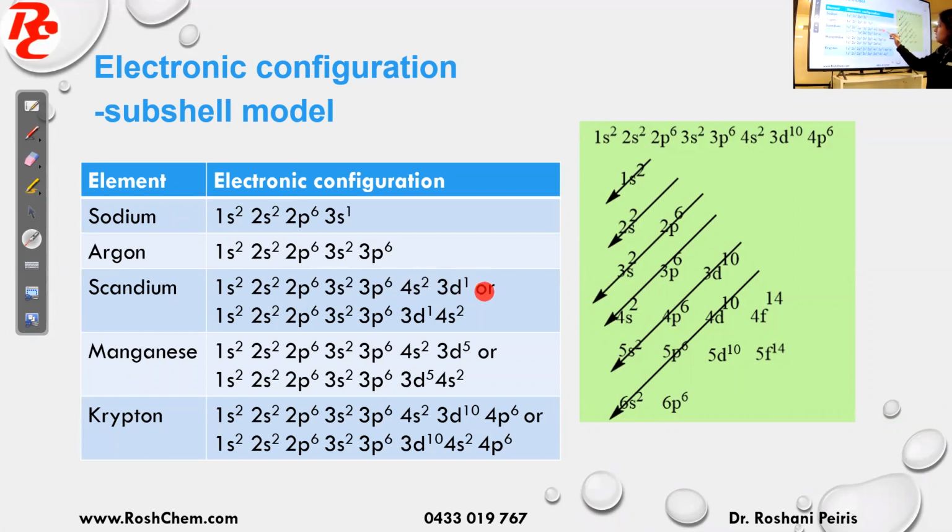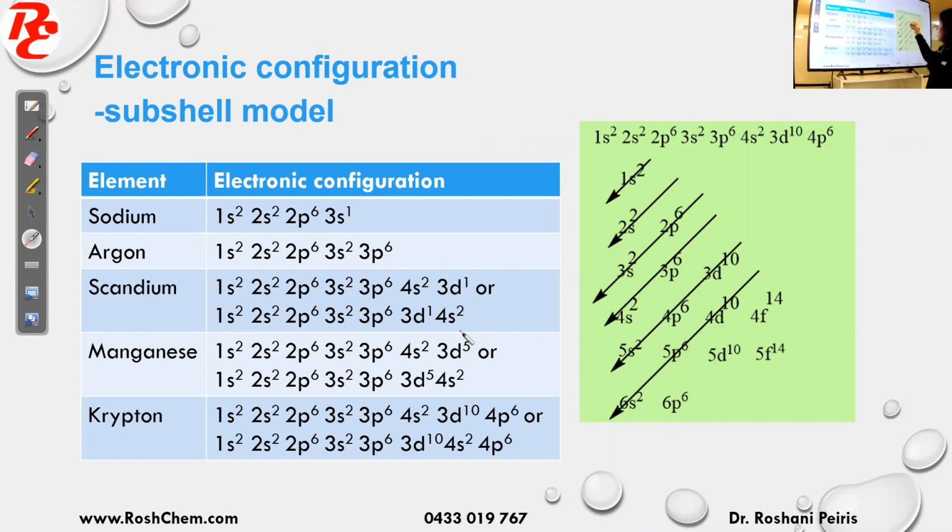After getting this configuration, to get an order, you can change these 4s2 and 3d1. I can say 1s2, 2s2, 2p6, 3s2, 3p6, and write 3d1 first and then 4s2. I'm not changing the number of electrons, I just put the 3d first and then 4s to get an order. Like that, we'll do one more example, manganese.